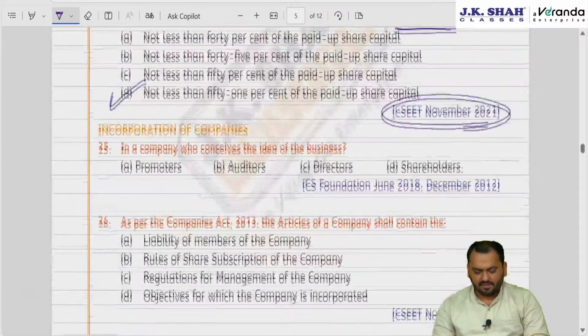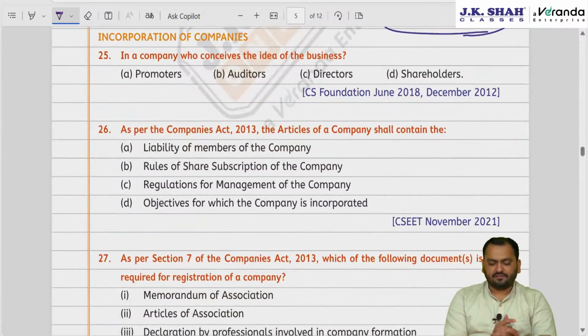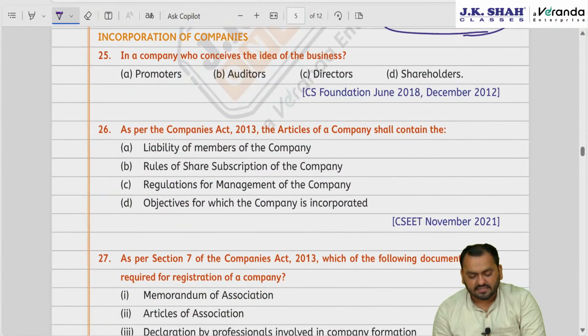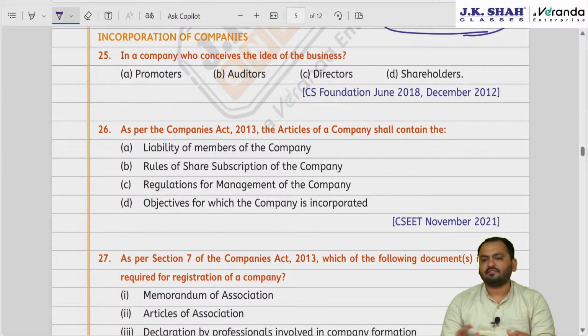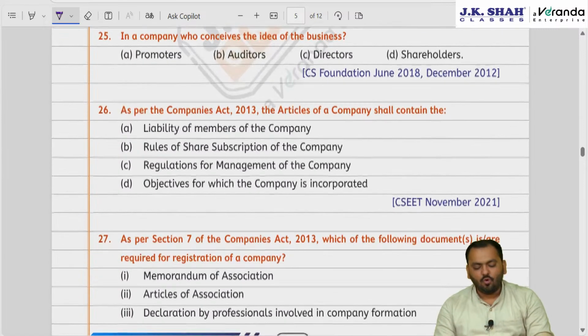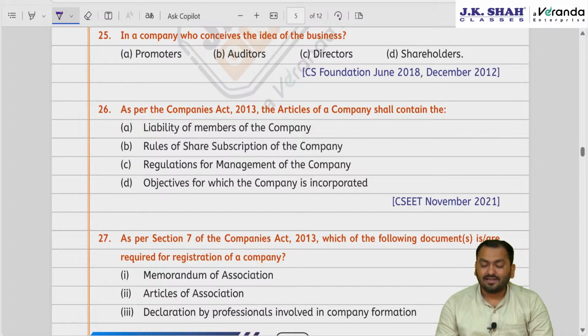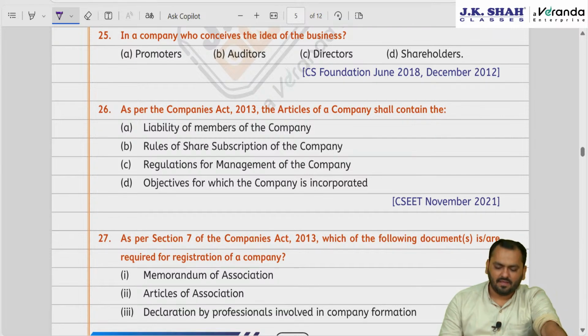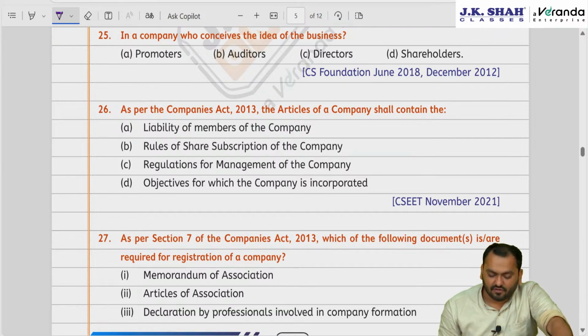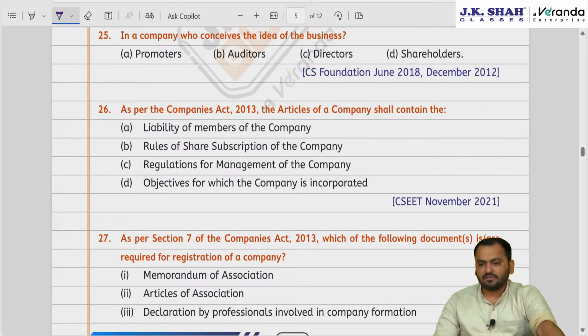Okay, let's go further. Next is, in a company, who conceives the idea of the business? Come on, who is the person who had the idea to start the business of the company? It is very simple. The first option is promoter. What do you think? Is promoter the right answer?